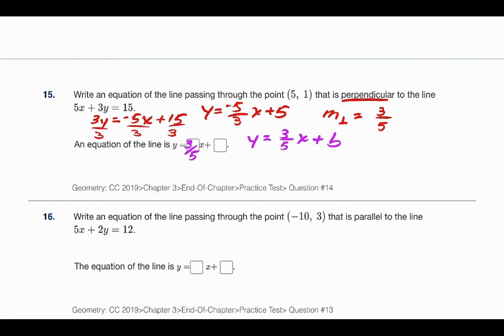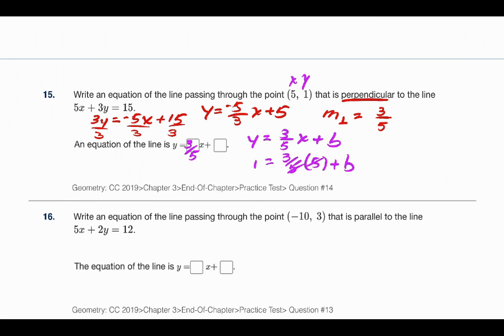Now we just have to find out what our b is. To find out what our b is, that's why they gave us this point. We're going to plug in that point. So we're going to have 1 is equal to 3/5, because again, that's our y, that's our x. We're going to have our 5 here plus b. All right, 3 times 5 is 15 divided by 5.